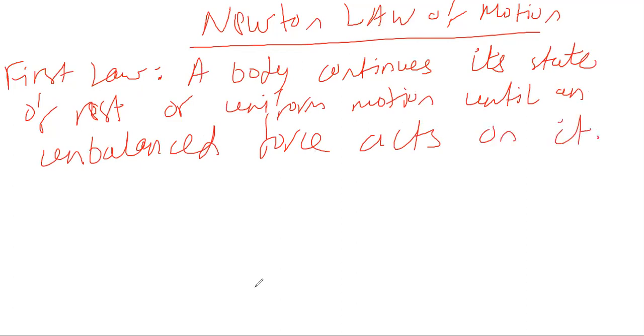So what is the first law saying? The first law says a body continues its state of rest or uniform motion until an unbalanced force acts on it. And you remember what we learned in balanced forces? What are the effects of balanced forces?